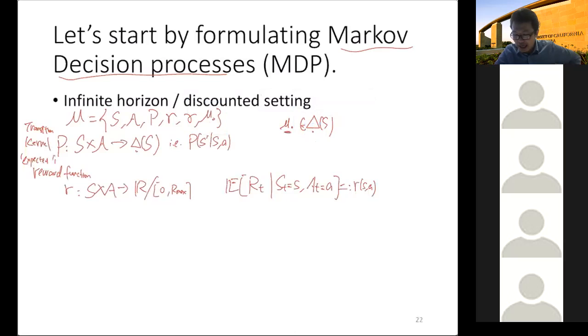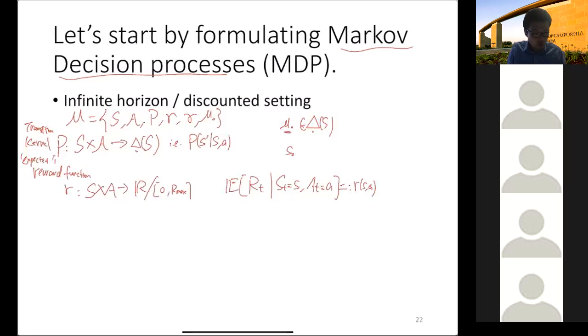It may well be the case that the initial state is just fixed, so you always start from the same location in Super Mario. Then in this case we'll abuse notation and replace this mu with S, I guess with S0.